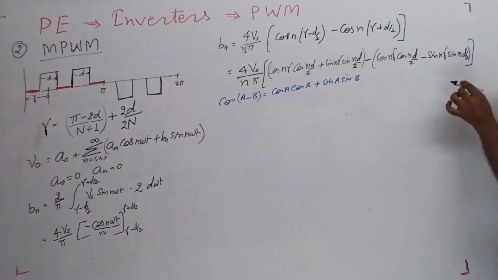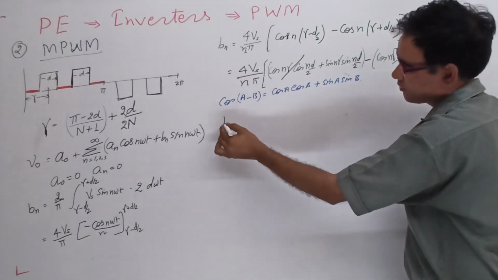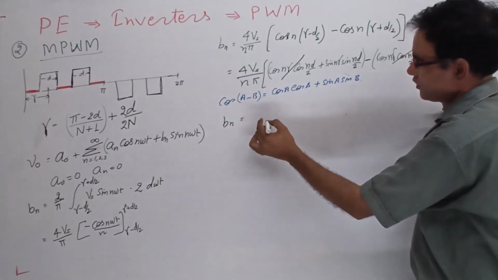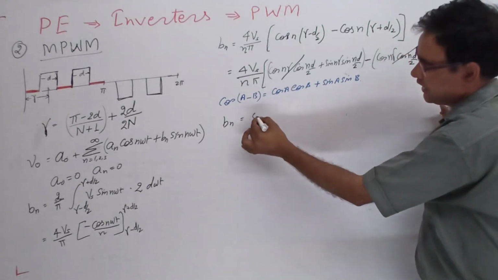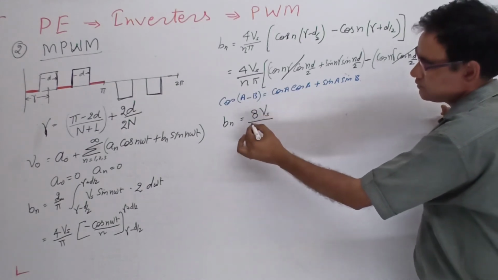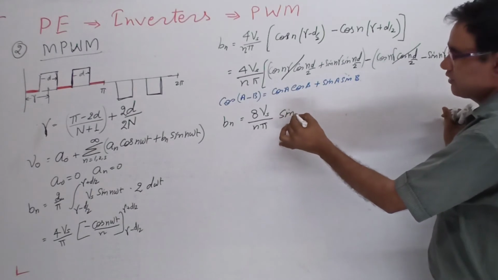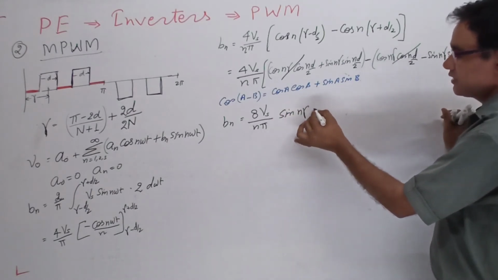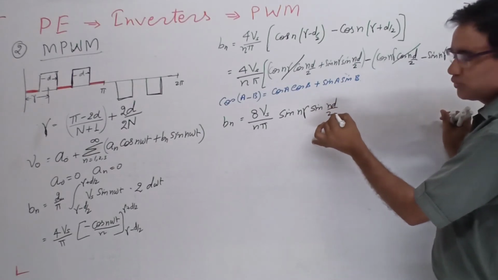This is the value. So these two get cancelled out. So Bn is equal to, both are positive, so it becomes 8 Vs upon n pi sine of n gamma sine of n d by 2.